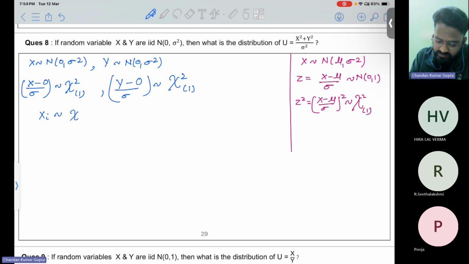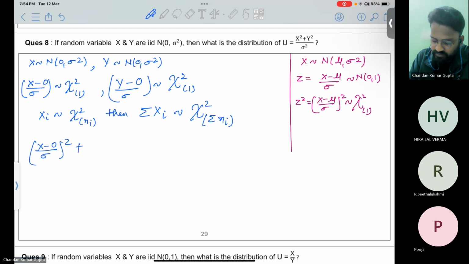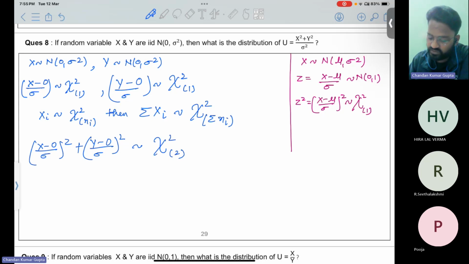Now if xi follows chi square with ni degrees of freedom, then the summation of xi follows chi square with summation of ni degrees of freedom. This is also a property of chi square, the additive property. From here we may write: ((x minus 0) upon sigma) whole square plus ((y minus 0) upon sigma) whole square follows chi square with 1 plus 1, which is 2 degrees of freedom.